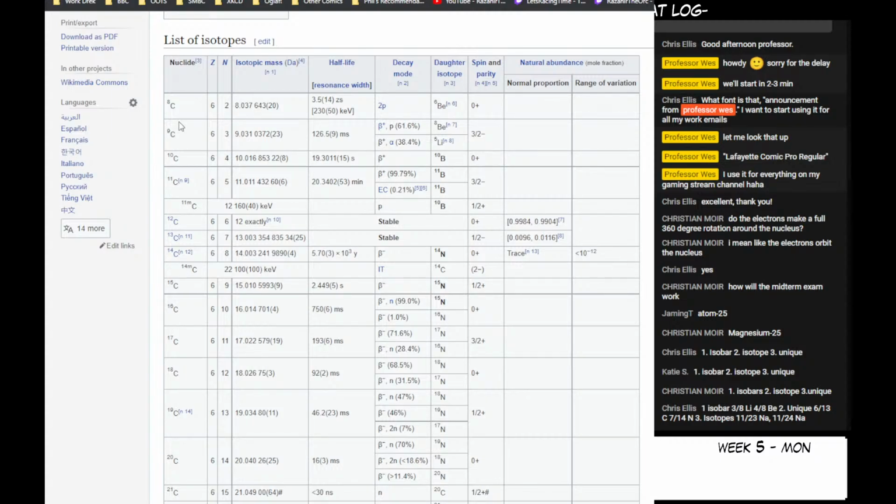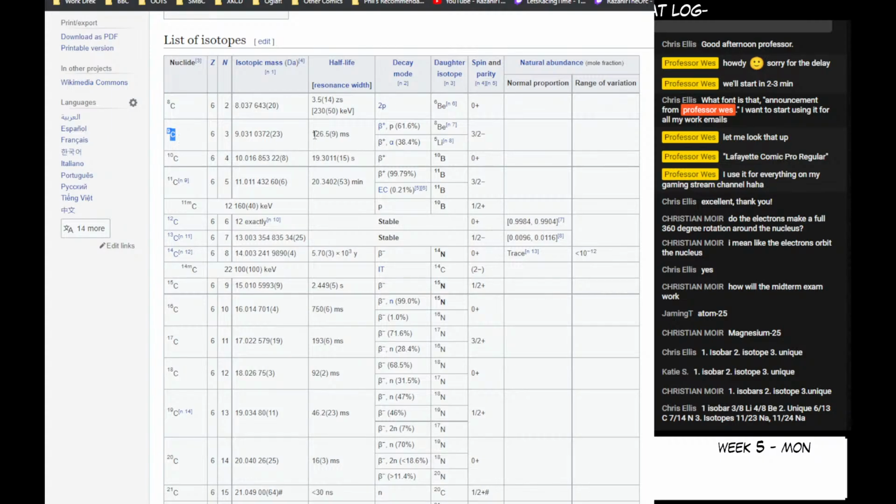For example, a carbon atom with 6 protons but only 2 neutrons was observed, and its half-life was 3.5 zettaseconds, which is like times 10 to the minus 18 seconds or so. So barely any time at all. Like, it's gone.